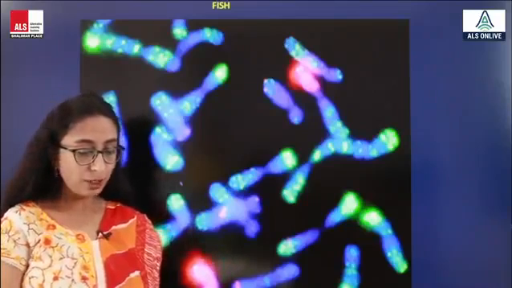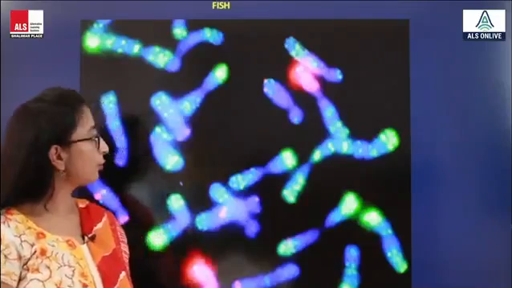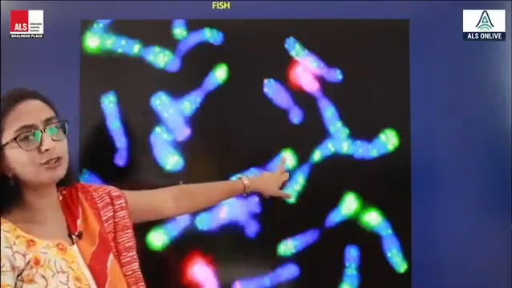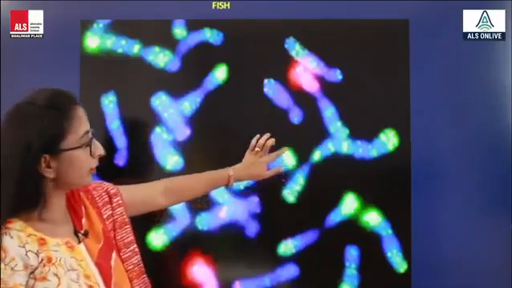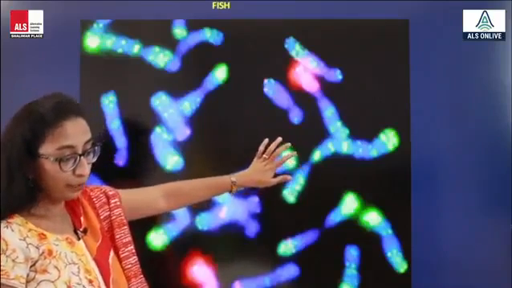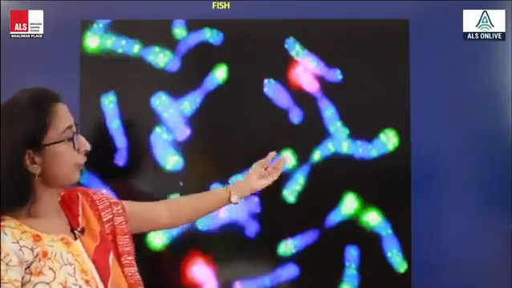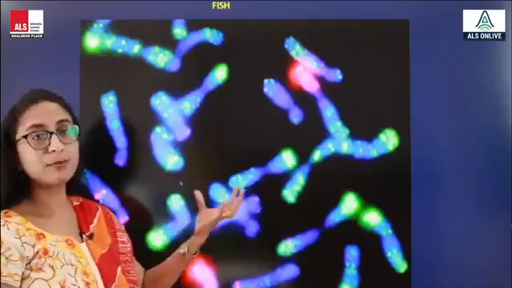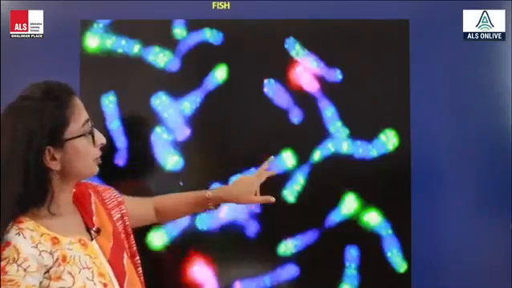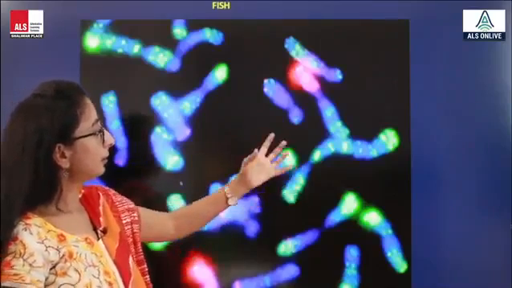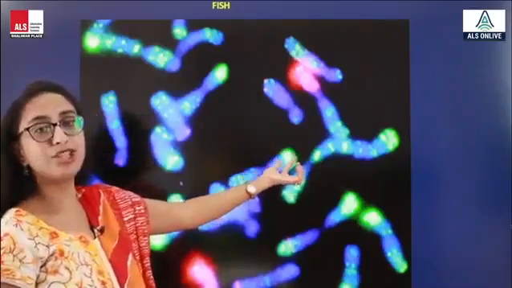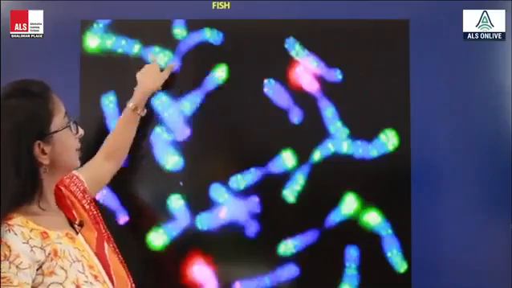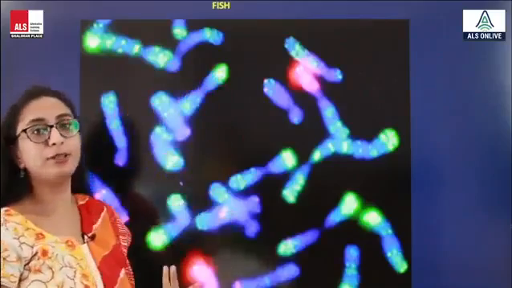Okay, so here what happens is the portions of the chromosome which have the defect, say be it a deletion or insertion or translocation, whatever, there is a defect in that particular part of the chromosome, only those parts will fluoresce. Okay, so we will use fluorescent molecules. Only those regions which have the defect, only that part of the chromosomes will start fluorescing. You understand what's the meaning of fluorescent, right?